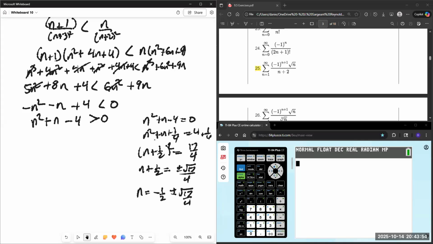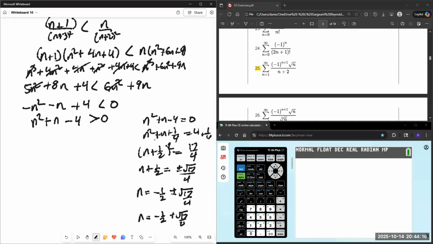I'm going to throw out the minus part because that needs to be a natural number. So n is equal to negative 1/2 plus a number a little bit bigger than 1 is what I'm interested in here.